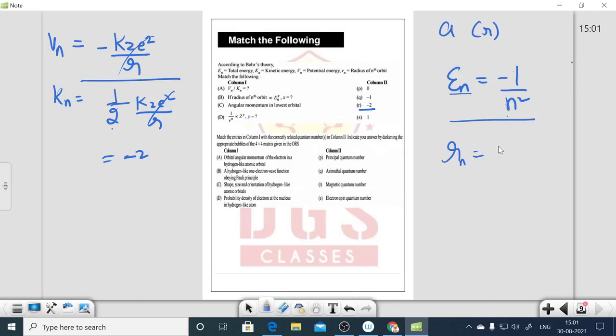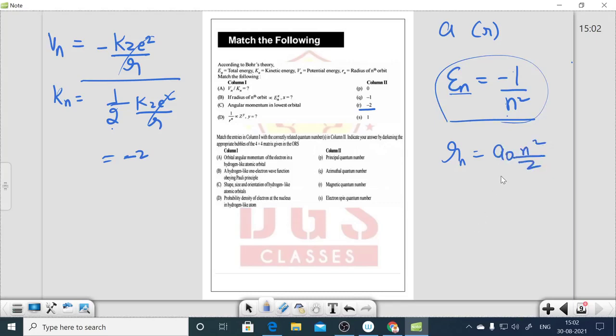Can you find it out? Even in the previous problem we have done this. Very easy. Radius is a naught n square by z. This is constant, so radius is directly proportional to n square. So if we have to find it in terms of energy and radius, the power is going to be minus 1.